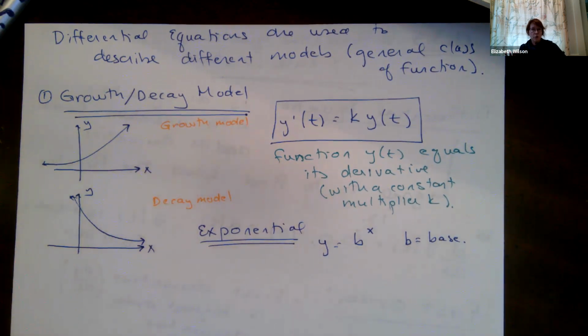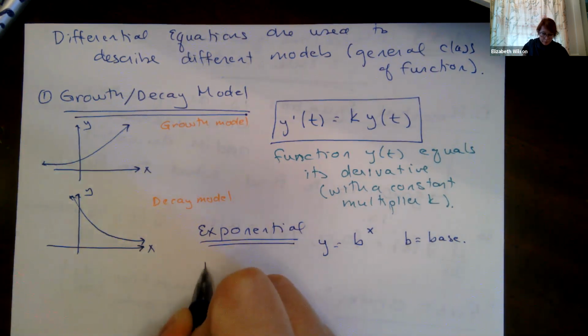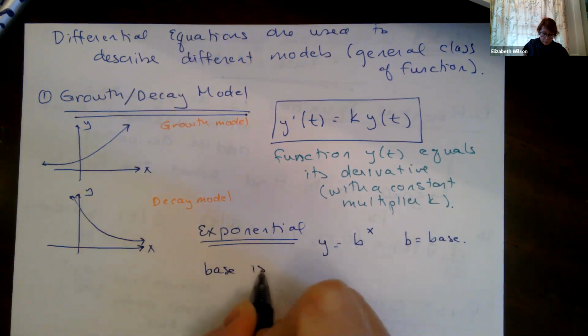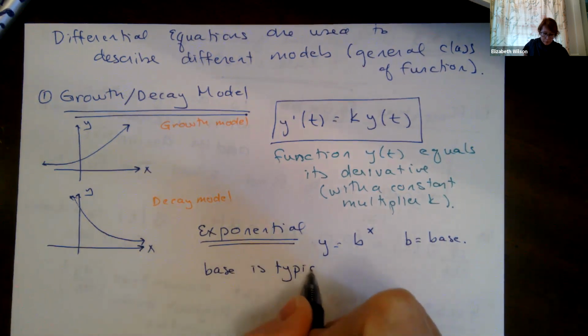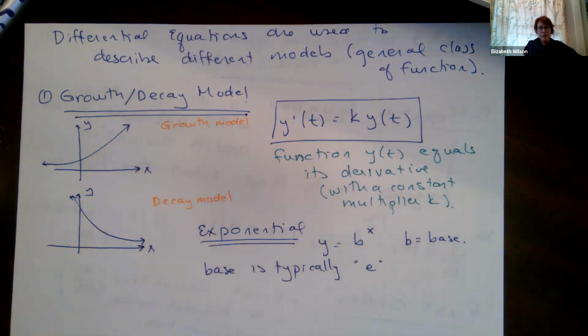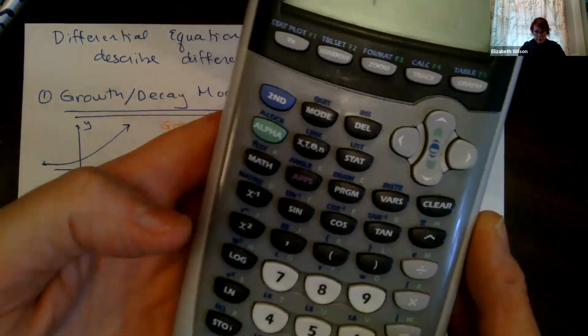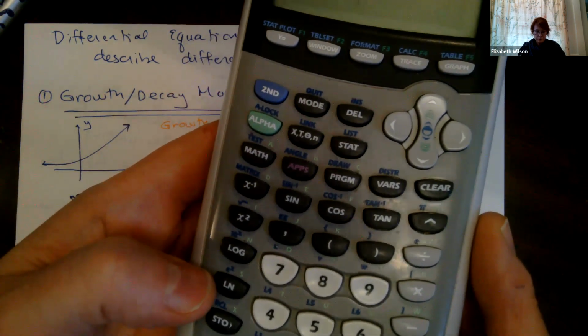In the real world, when we talk about biology, the natural world around us, our base is typically e. e is a transcendental number, like pi is a transcendental number. e is about 2.718, and so on. So if I look at my calculator, you see this e to the x button.